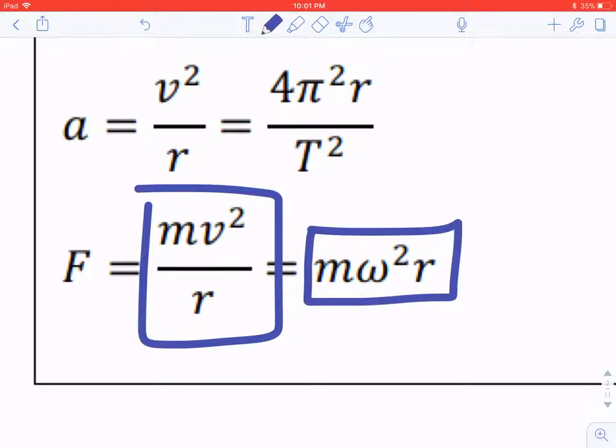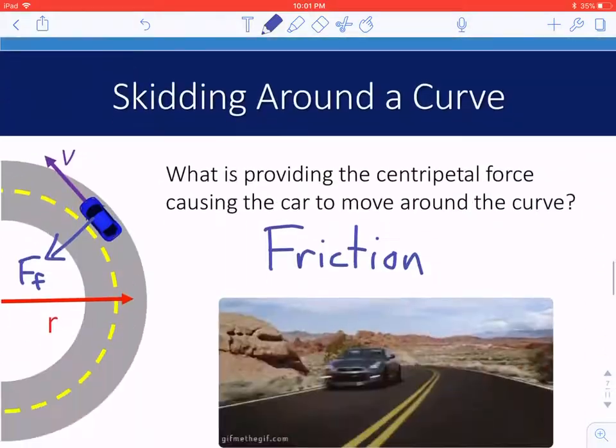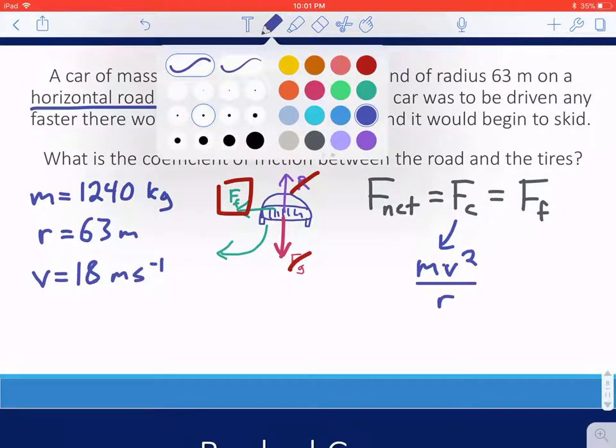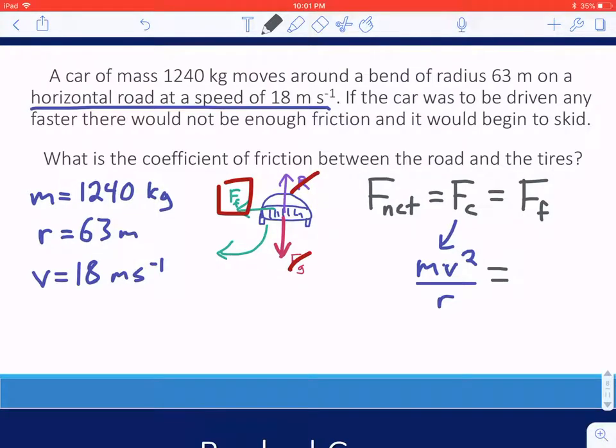In this problem we don't have omega, but we do have v, so we're going to opt for the first equation. And we're going to say that the centripetal force is just mv squared over r, and that is equal to the force of friction.